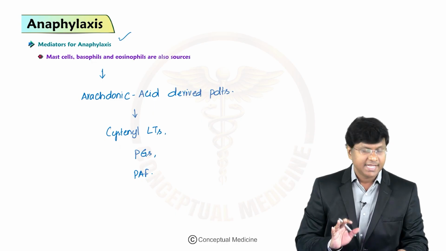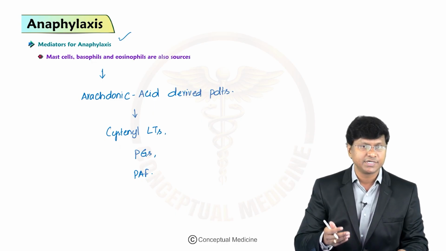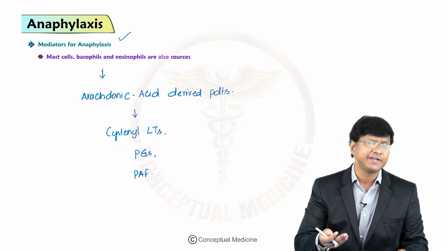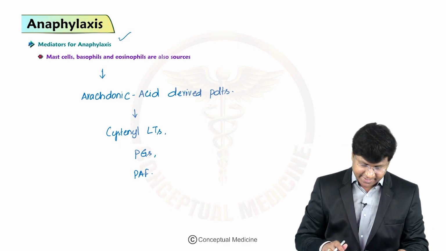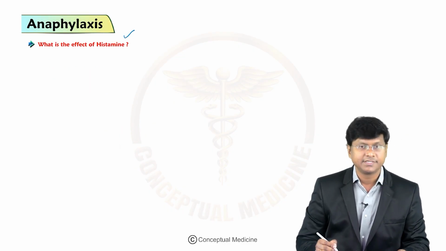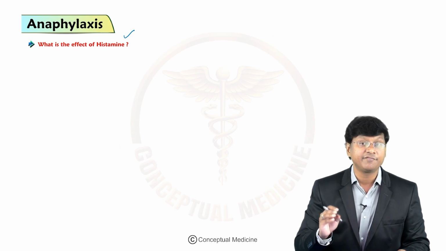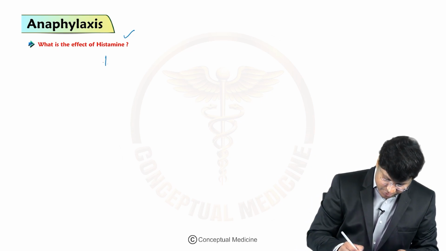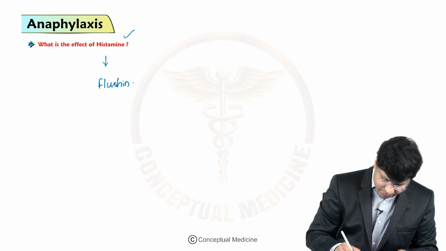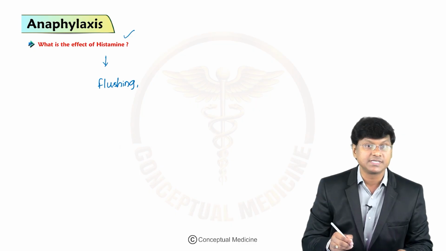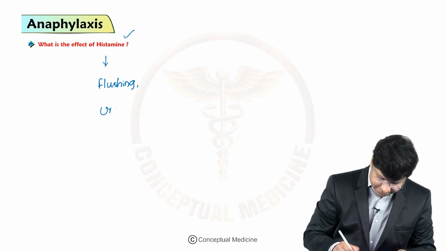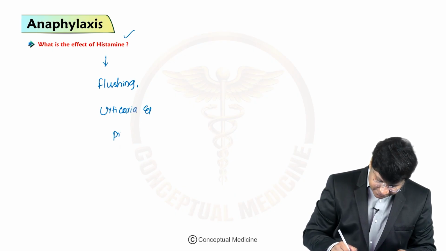Now, after having discussed the mediators, you need to know the effect of these mediators. For example, take histamine. Histamine release results in flushing, urticaria and pruritus.